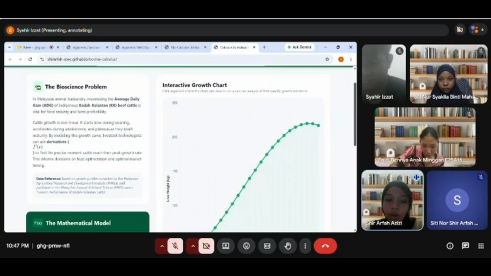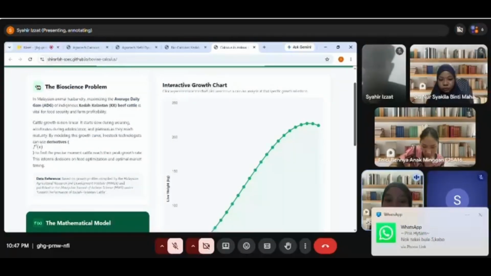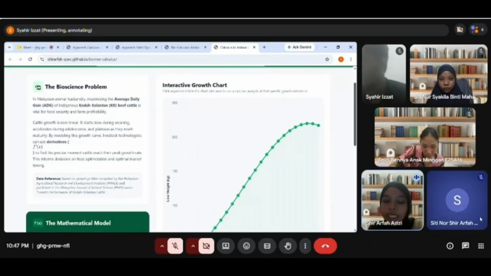Importance of study, why it is important: Kedah Kelantan cattle contribute significantly to our domestic beef supply. By analyzing growth curves, we can optimize the return on investment for feed and determine the most profitable slaughter time. This is precision management in action.